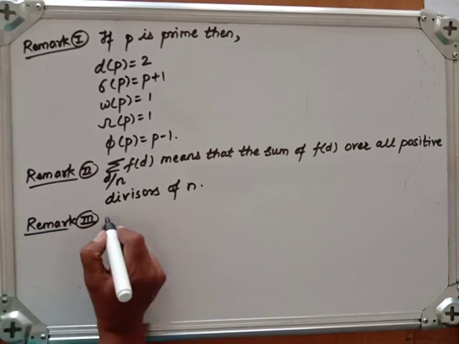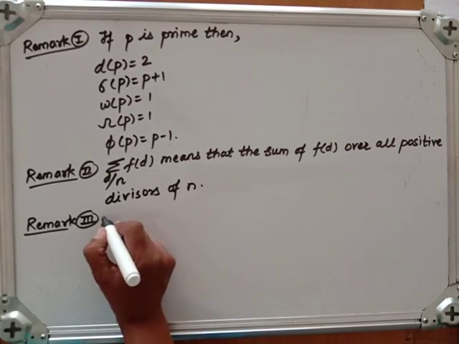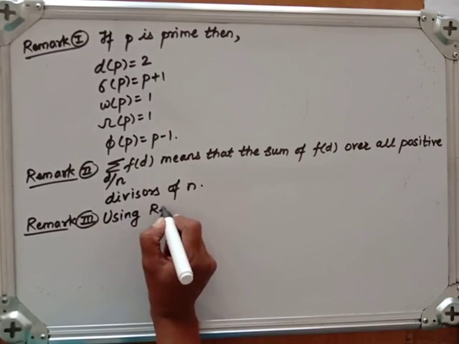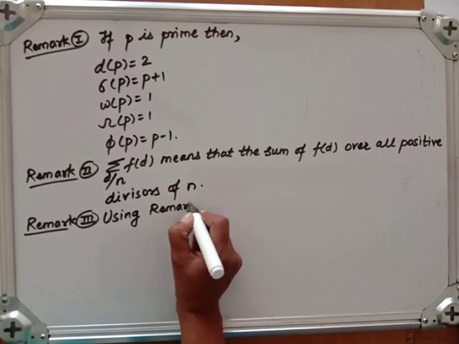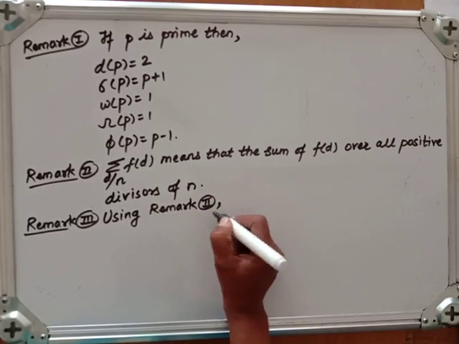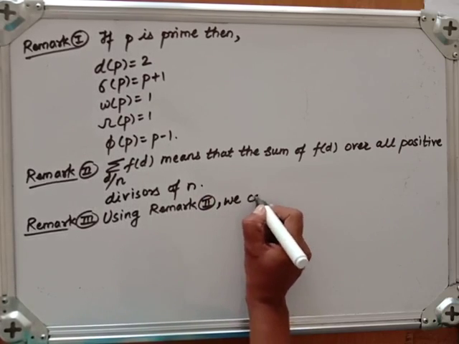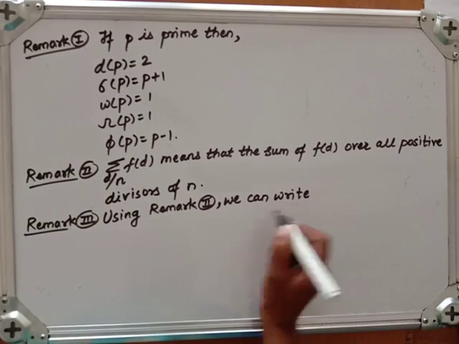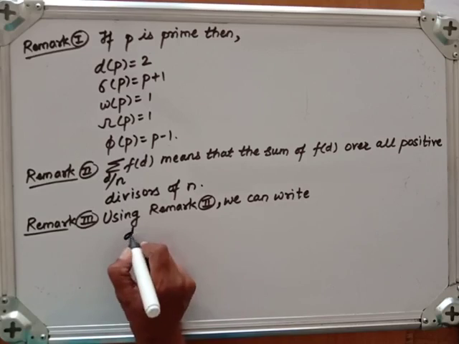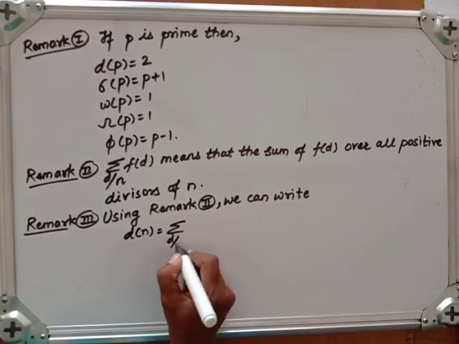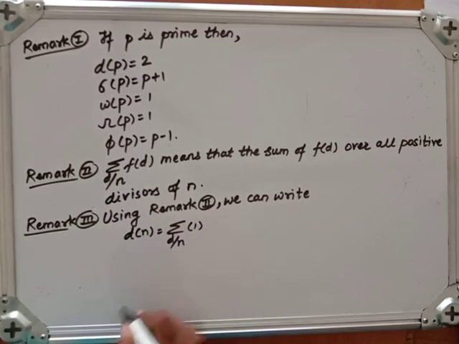Remark 3. Using remark 2, we can write d of n will be summation, d divides n, 1.